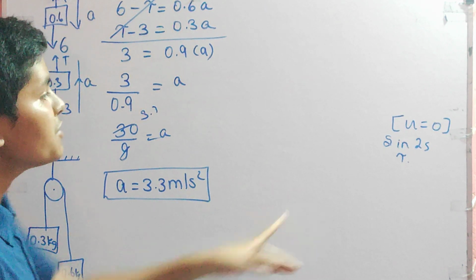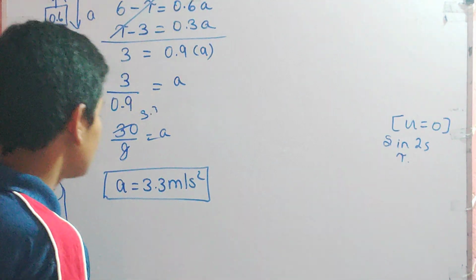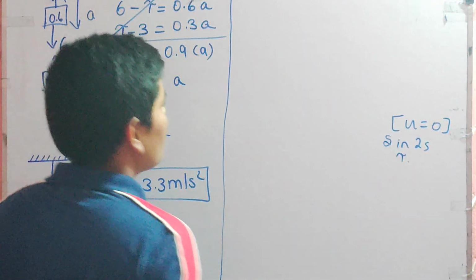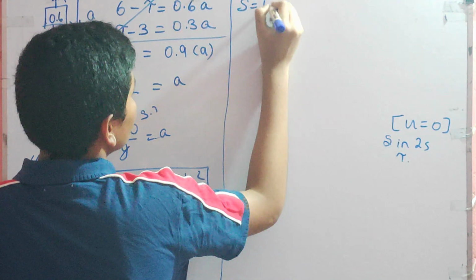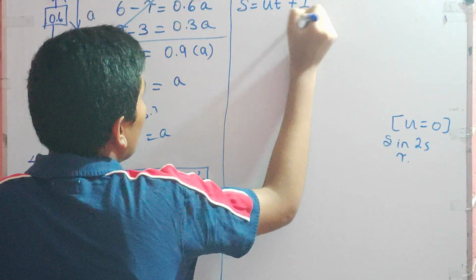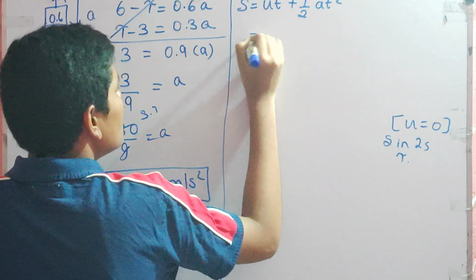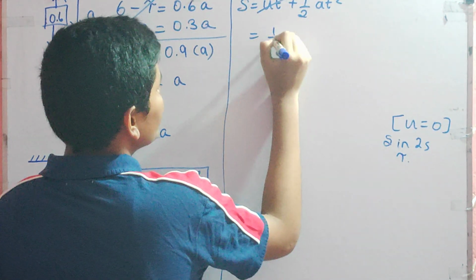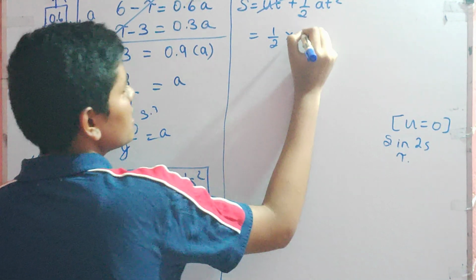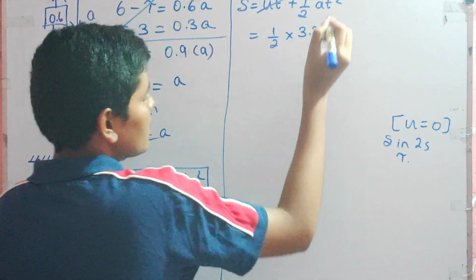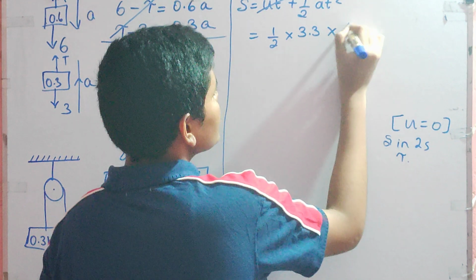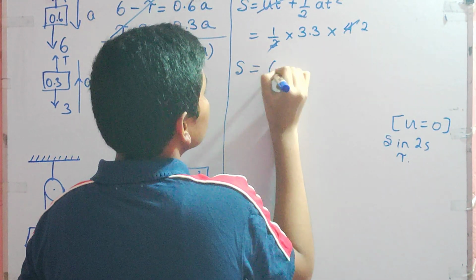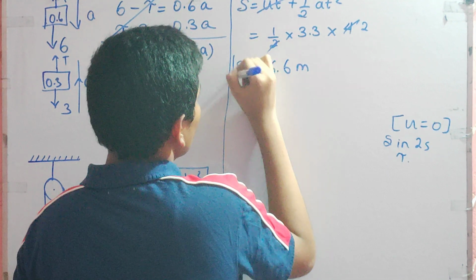Now we have to find the displacement in the 2 seconds. For finding displacement, we can use the formula s is equal to ut plus half at square. ut will be 0 because u is equal to 0. Half into acceleration is 3.3 into time, they have given 2 seconds. So 2 square is 4. Displacement is equal to 6.6 meters.